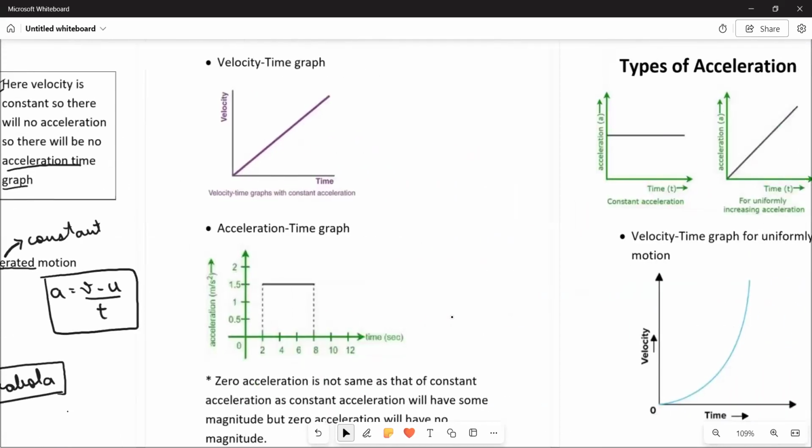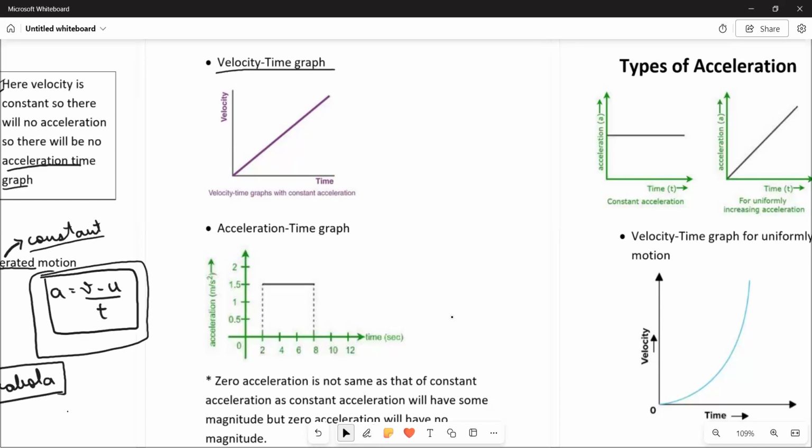Okay, so now we move on to the velocity time graph for uniformly accelerated motion. Check this formula for acceleration: a equals v minus u upon t. Acceleration is the rate of change of velocity, and as the acceleration is constant, there is constant change in our velocity. So we will always get a straight line for uniformly accelerated motion.